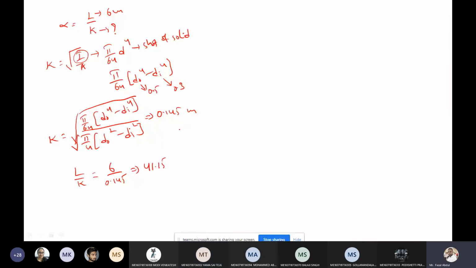Now in the theory part while I was explaining alpha values, two equations are there. The first equation is 1 by 1 minus 0.0044 into L by K. The second is a lengthy equation. So which equation do we need to select?